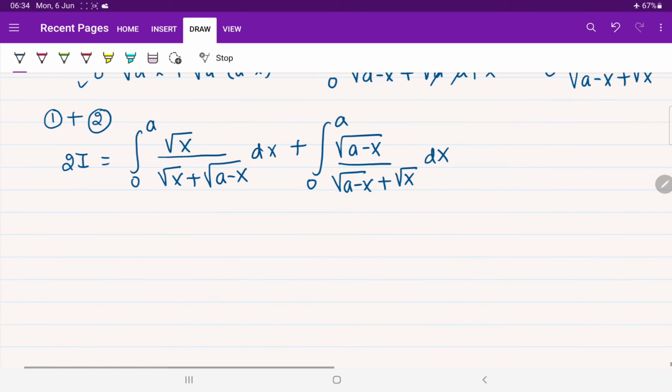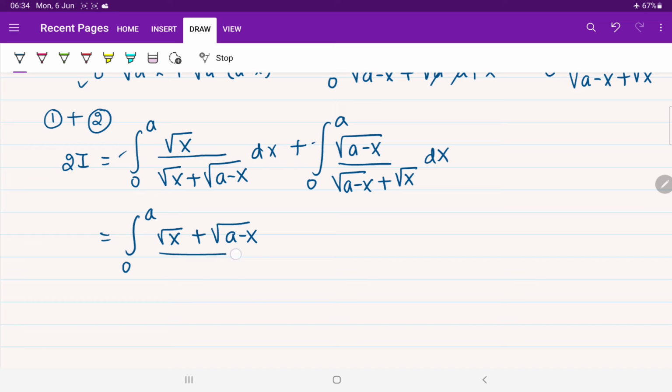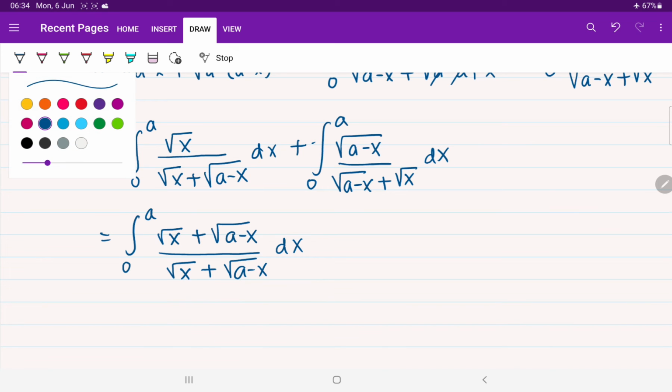Now see there, you can also combine this whole limit. Since both have the same limits, you can group them together, resultant 0 to a. If I add them together, it will become square root of x plus square root of a minus x in the numerator. The denominator is common for both, square root of x plus square root of a minus x, into dx. Wow, what we got here, sir?